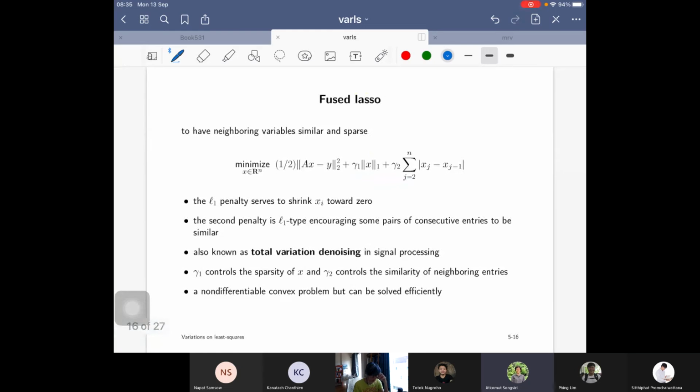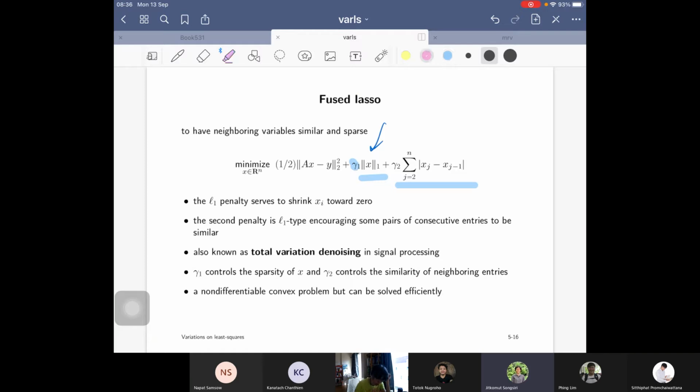The next one, and the last one of the generalizations of the L1 least squares, is called fused lasso. This is a problem that represents two regularization terms. The first one is the simple L1 norm term, and then you have the penalty parameter gamma 1.